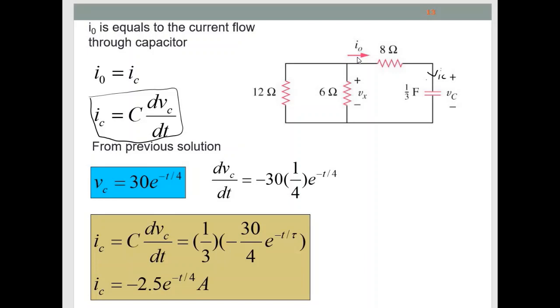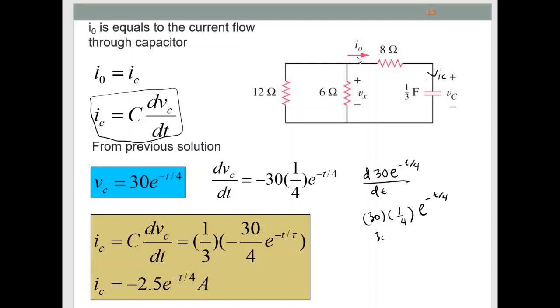differentiate first the voltage for this circuit, which is 30 e negative t over 4. How to differentiate this one? Bring the coefficient of t, which is 30, write this one first, bring the coefficient, then write e negative t over 4.